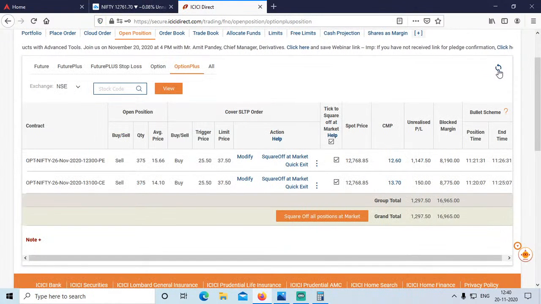So let us check what our profit is. It's still the same. The market is at 12,762, spot price 12,762, and our profit is 1,185.